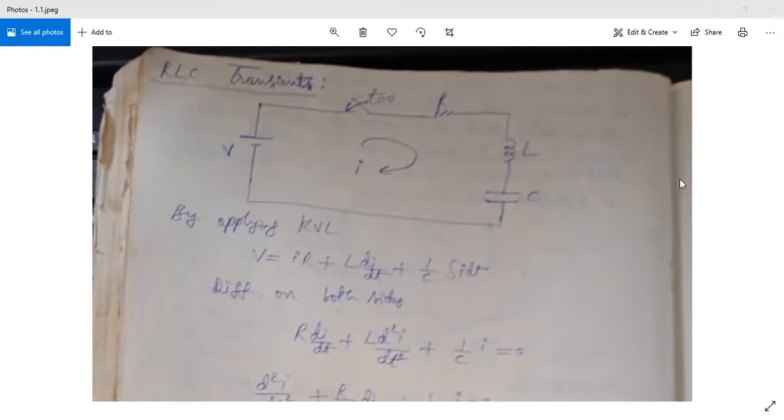Okay, see here. We'll start the series RLC circuit. Draw this circuit, series RLC circuit.